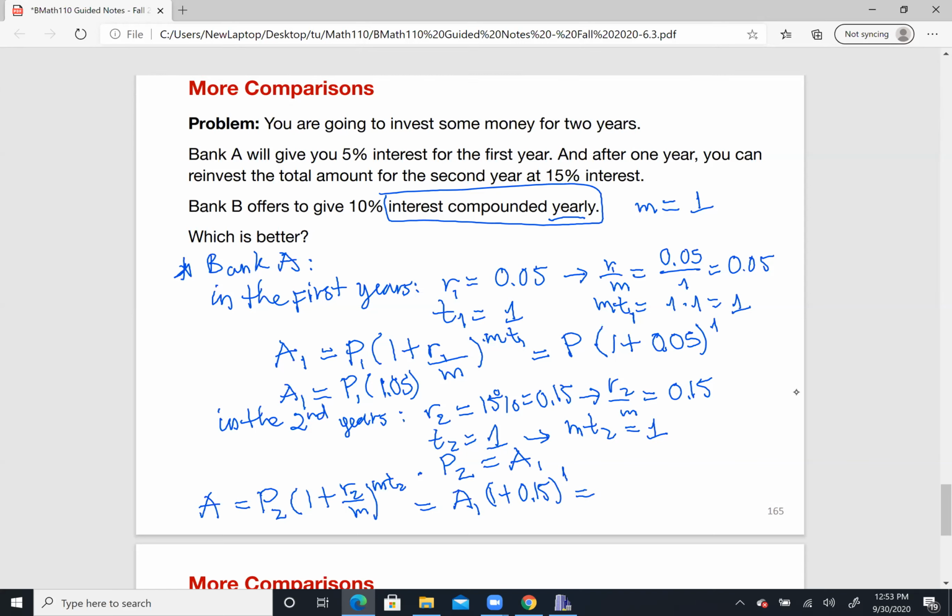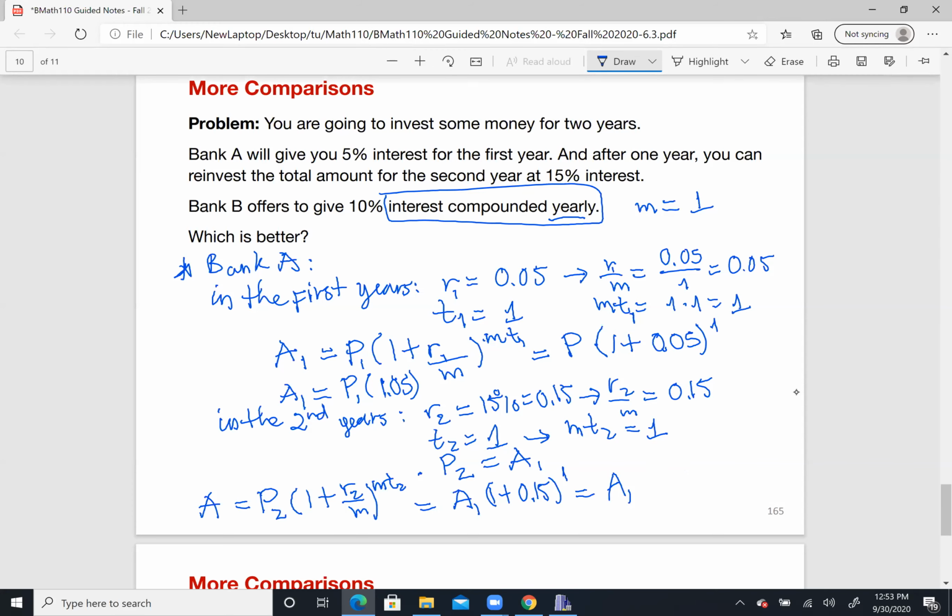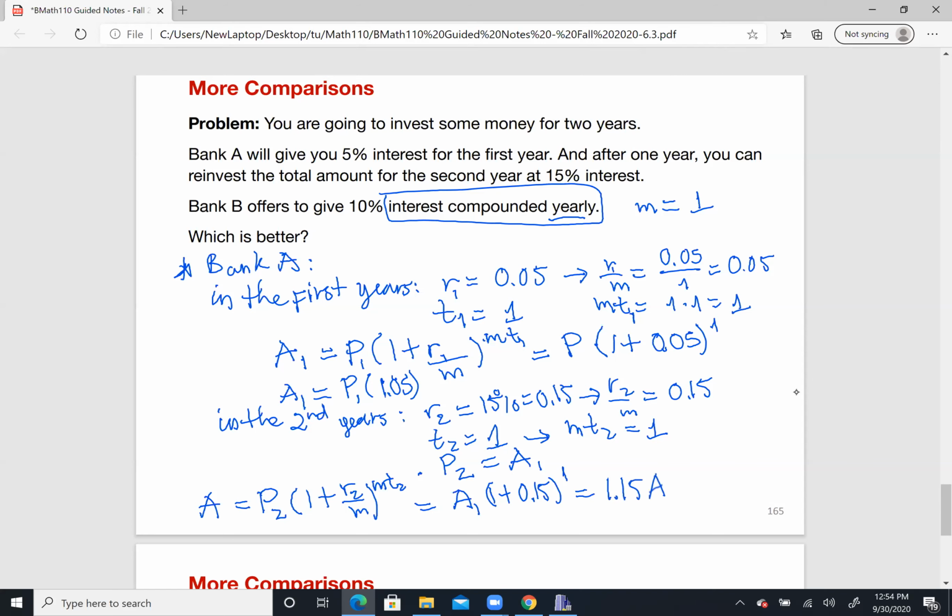And that will give me A1 times with 1.15. Let's just say 1.15 A1.